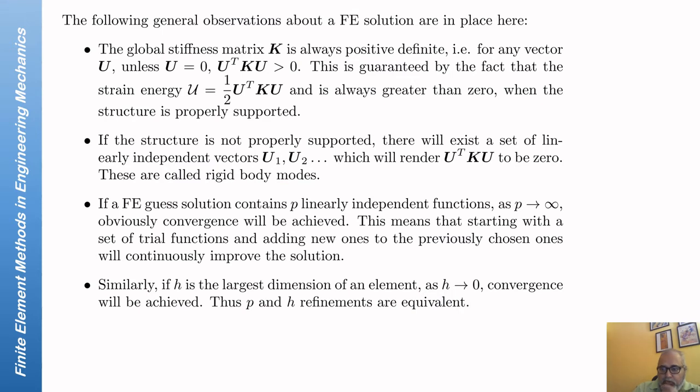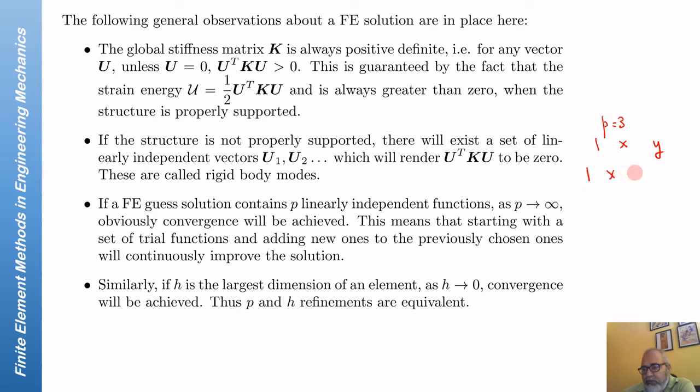Okay. The second point is, suppose your assumed displacements or assumed field variable contains one, x and y. These are your trial functions. So it has 3 trial functions. So we say P is equal to 3 in this case.